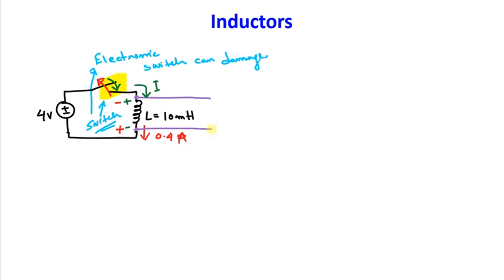There is a very easy solution. The solution is we need to use one diode, and this diode is also referred to as a flyback diode. See this flyback diode: when this 4 volts has been applied, the polarity was like this.